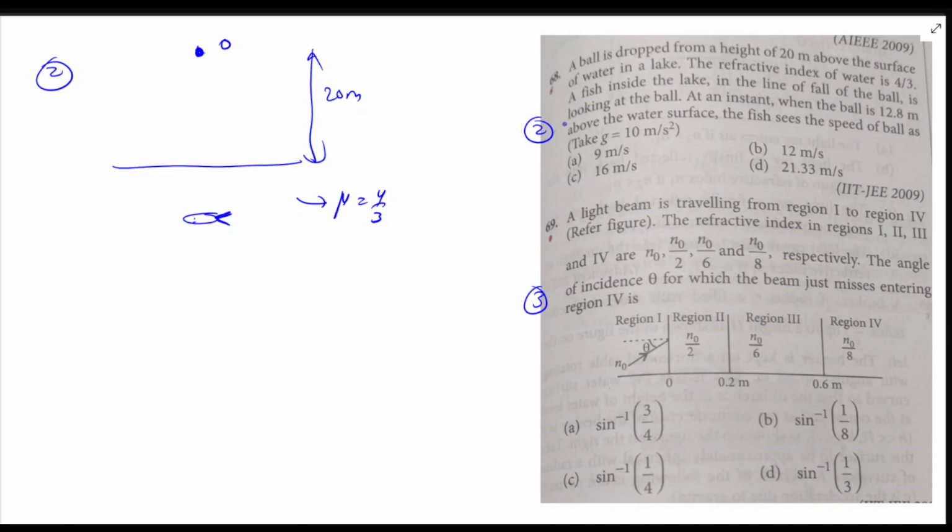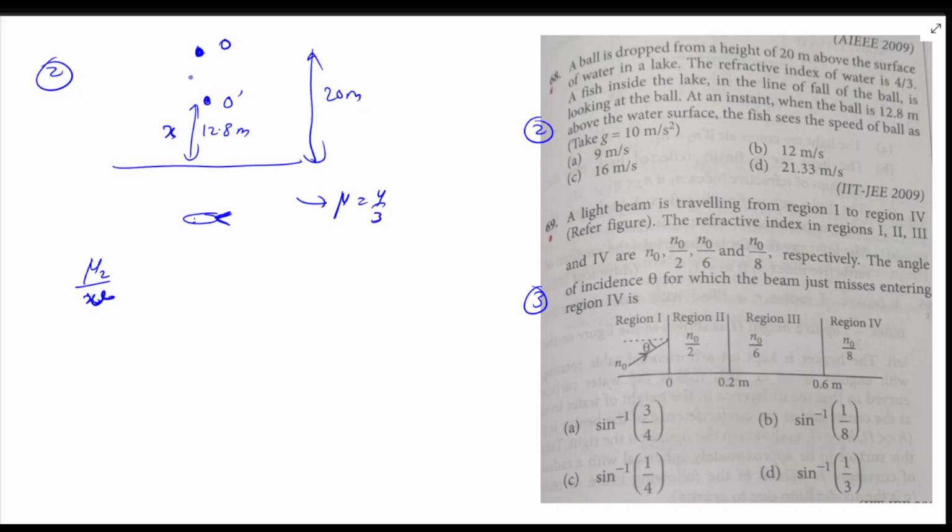In a line, the fish is looking at the ball at an instant. The ball is 12.8 meter above the water. So look, this is our ball, at a distance of 12.8 meter. The fish sees the speed of the ball. Let's say this is x. So we'll use mu2 by v.